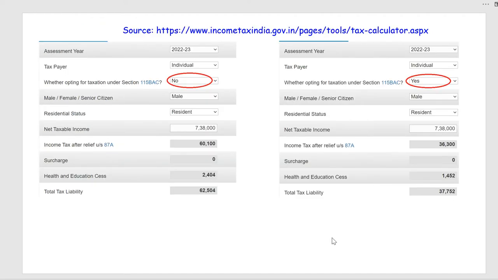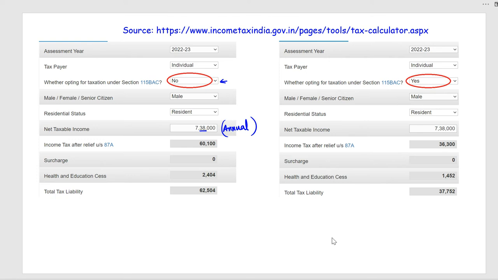This is not exact, but I have taken some example. For example, the net annual income is 7,38,000, and if the person opts for tax deduction, it is called tax rebate.